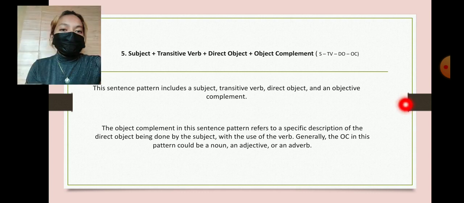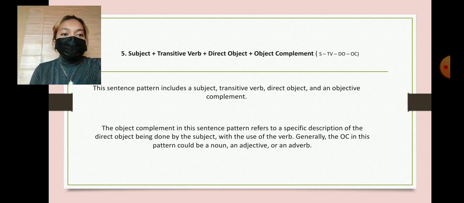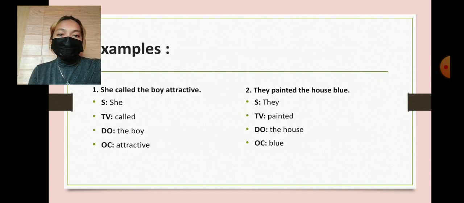We are already familiar with the adjective and the adverb. For the example of this, we have here, example number 1: she called the boy attractive. The subject is she, the transitive verb is called, the direct object is the boy, and the object complement is attractive.